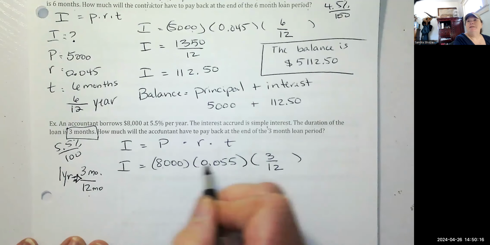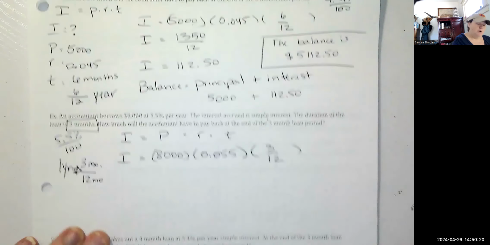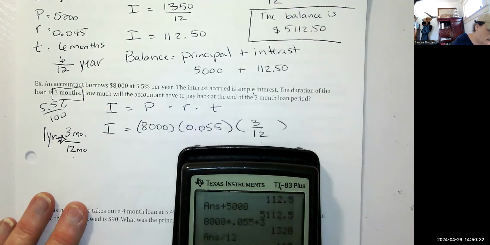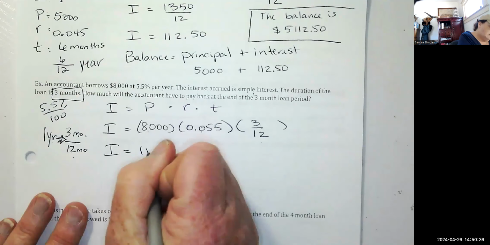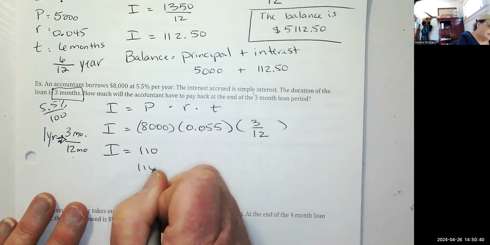I'm going to multiply 8,000 times 0.055 times 3, and then I'm going to divide it by 12. So 8,000 times 0.055 times 3 equals, and then divide that by 12, and I get 110. So 110 is the interest.